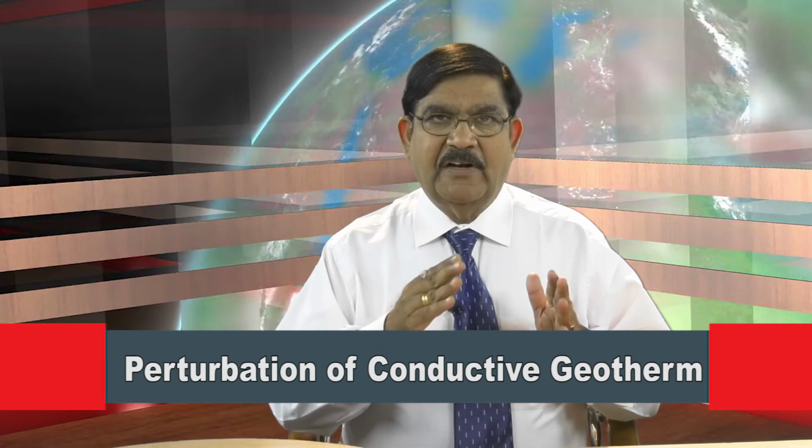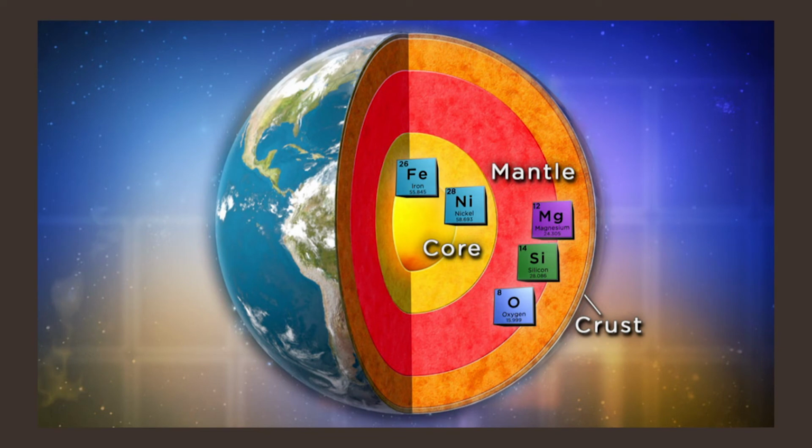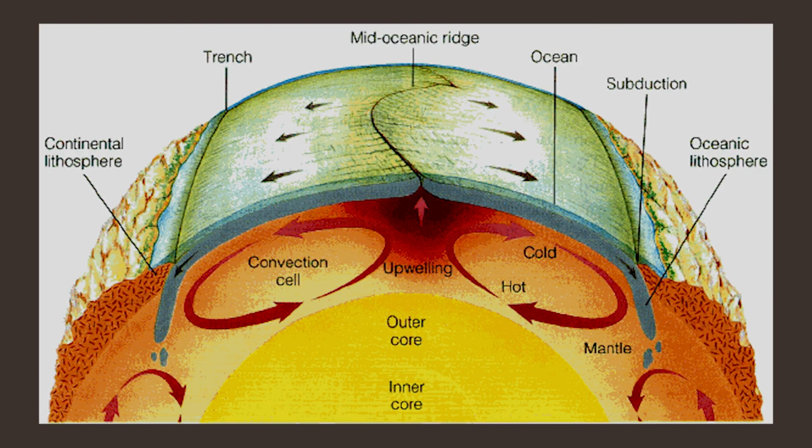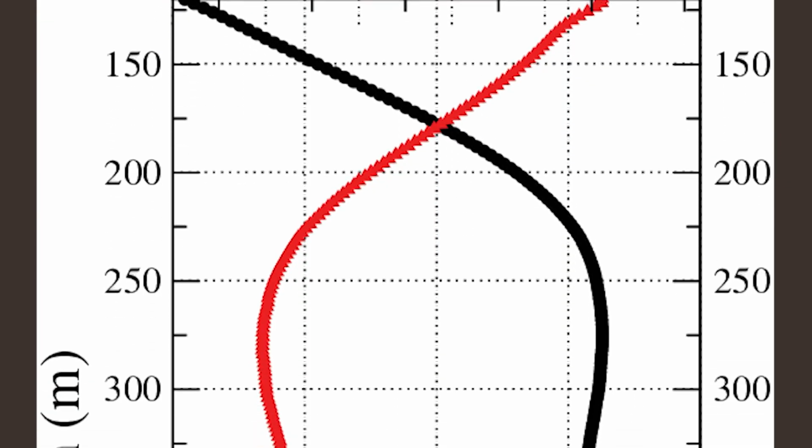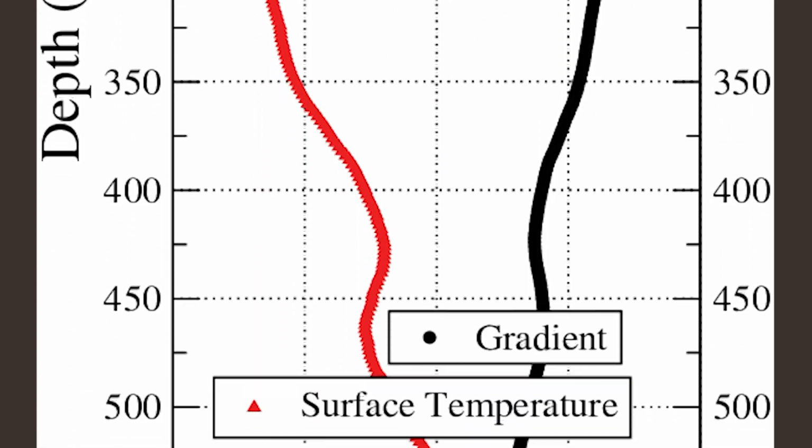Perturbation of the conductive geotherm: the rocks of the crust and mantle are very poor heat conductors. Consequently, heat diffusion is very sluggish. However, local heat addition perturbs the conductive geothermal gradient. See the figure on the screen.